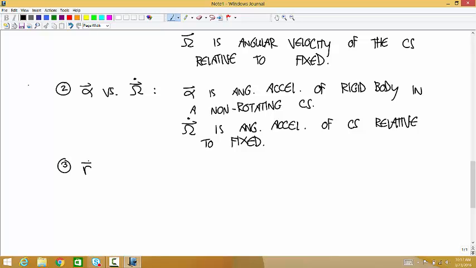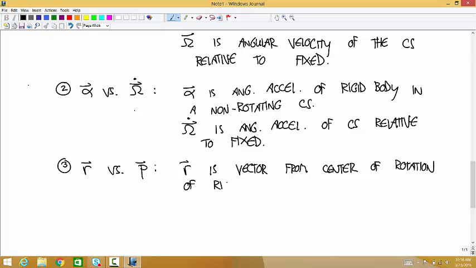The third difference is the r vector versus the p vector. These are also very similar, but subtly different. So r is a vector from the center of rotation of a rigid body to the desired point.